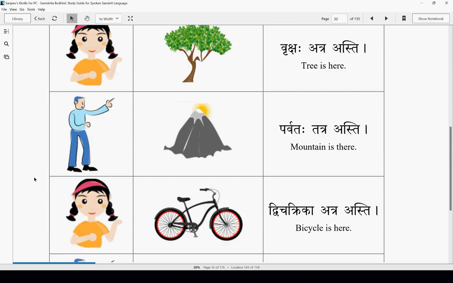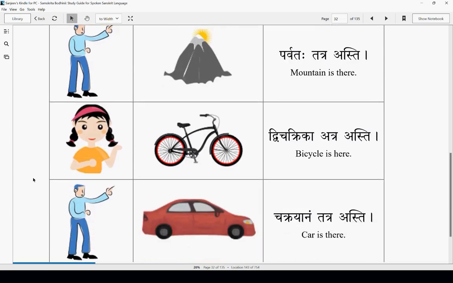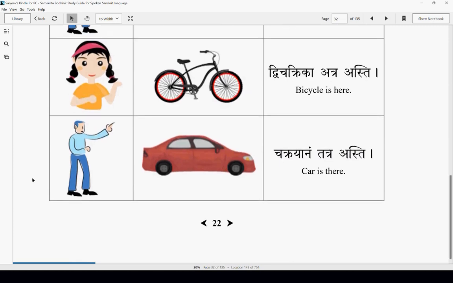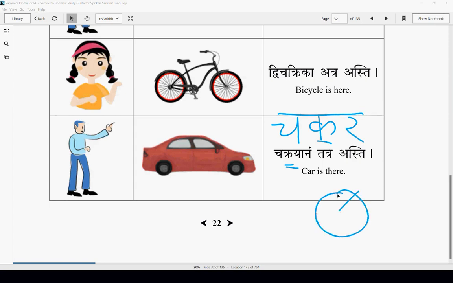Parvataha tatra asti. Mountain is there. Vichakrika atra asti. Bicycle is here. Chakrayanam tatra asti. Car is there. So just to be clear, this is same as this chakra. Chakra wheel. Chakrayanam tatra asti.